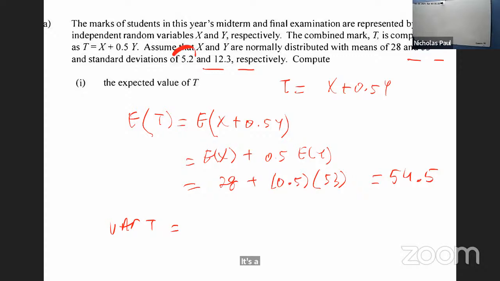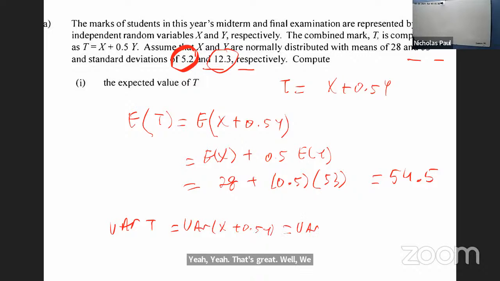Standard deviation, so that's squared. But wait, tell me what the formula will look like. Variance of x plus 0.5y is what? Variance of x plus 0.5 squared times the variance of y.